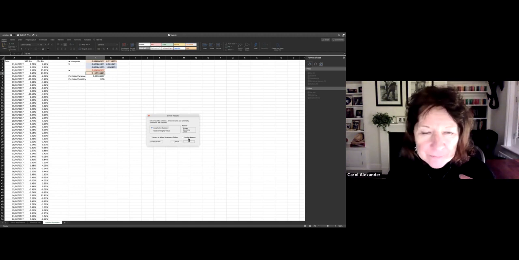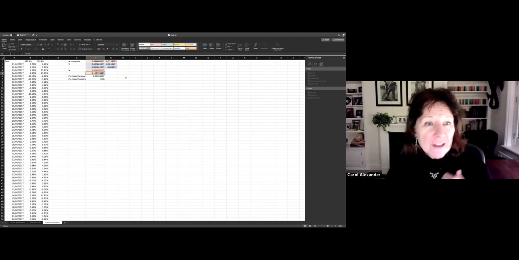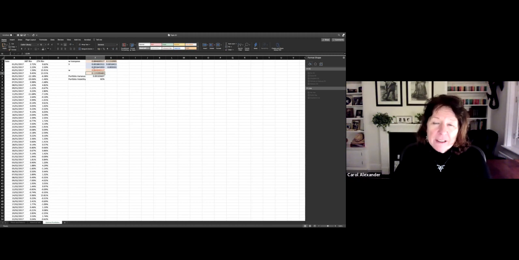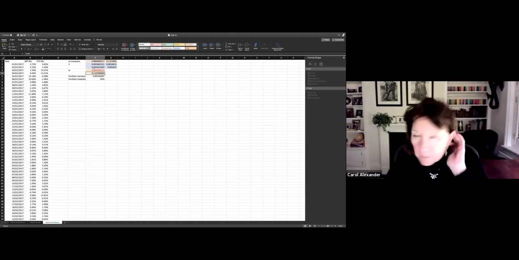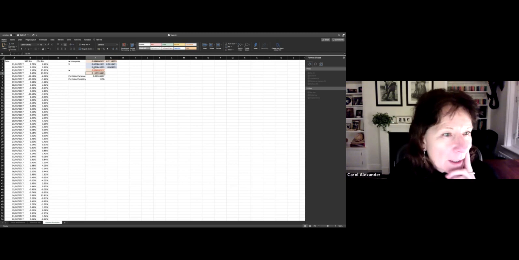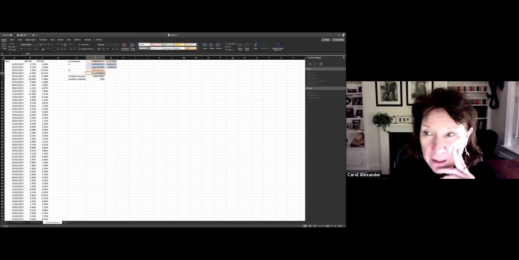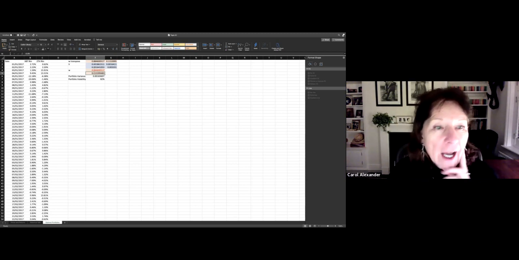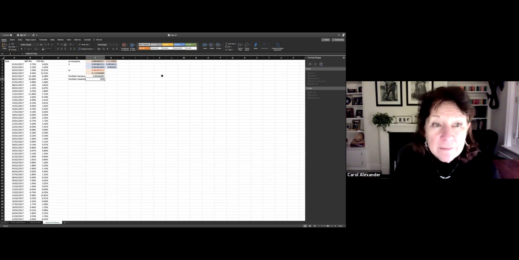Okay. So I managed actually to keep them positive, probably because there are times when they're not particularly highly correlated. And the portfolio volatility, smallest I can get is 82%. So that's how to use the solver to minimize.